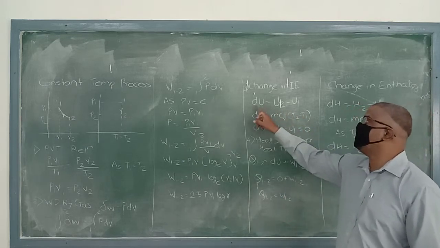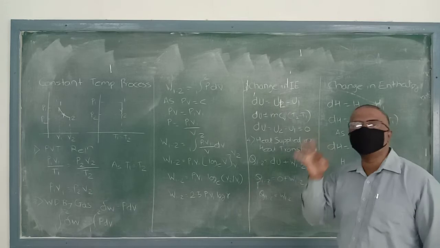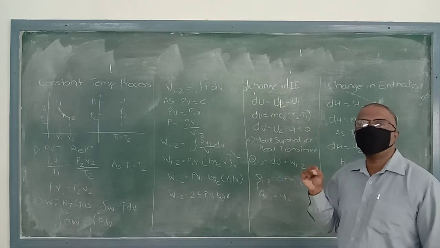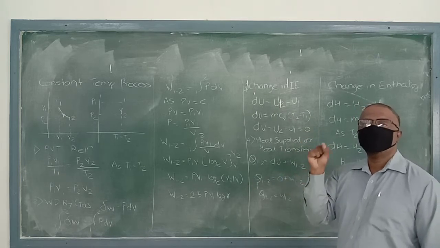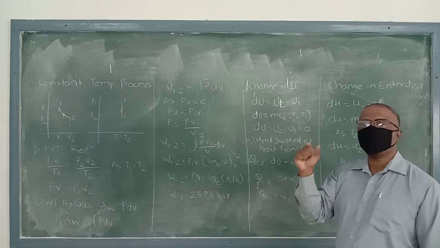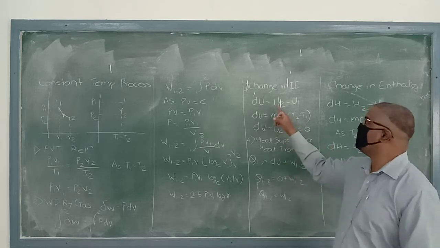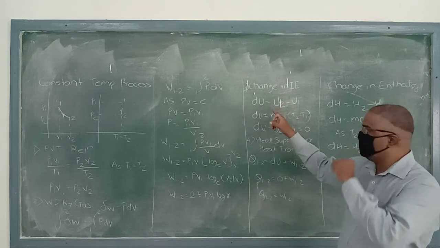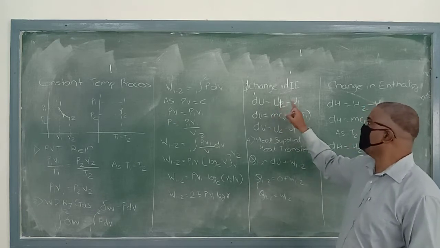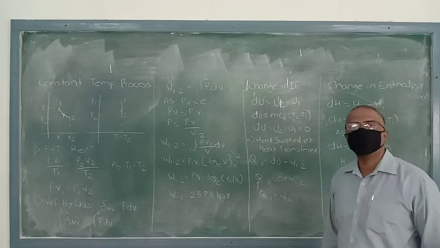So as we are writing, dU is the change in the internal energy, which is the difference in the internal energy at state 1 and at state 2. So it becomes dU is equal to U2 minus U1.